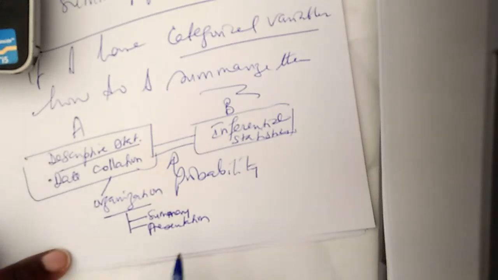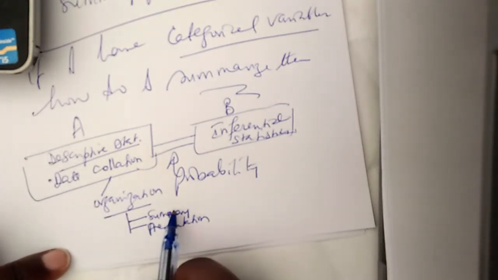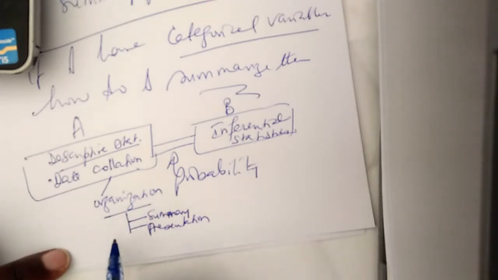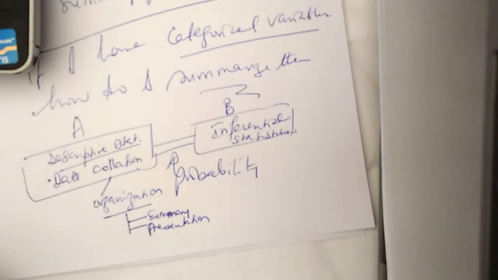So when we say that summary is an arm of data organization, and this organization, which has summary and presentation, follows the type of variable at hand. I told you the definition of a variable is dear to us.